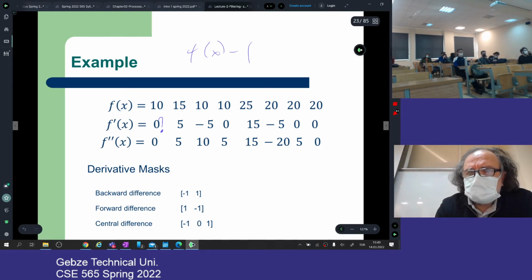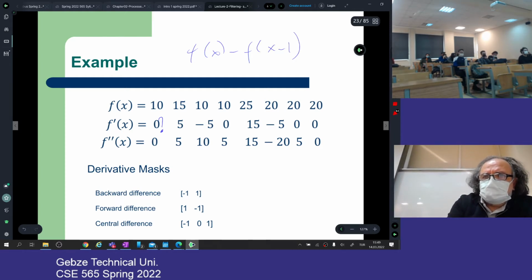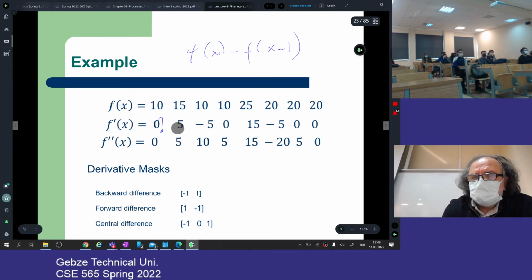But this one is very clear: 15 minus 10 is 5. 10 minus 15 is minus 5. 10 minus 10 is 0. 25 minus 10 is 15, and so on.